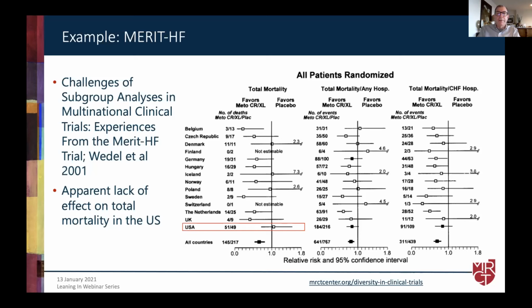And there was concern that there was something unique about a United States population such that the drug wasn't working in the same way in the United States as it was in countries outside of the United States.